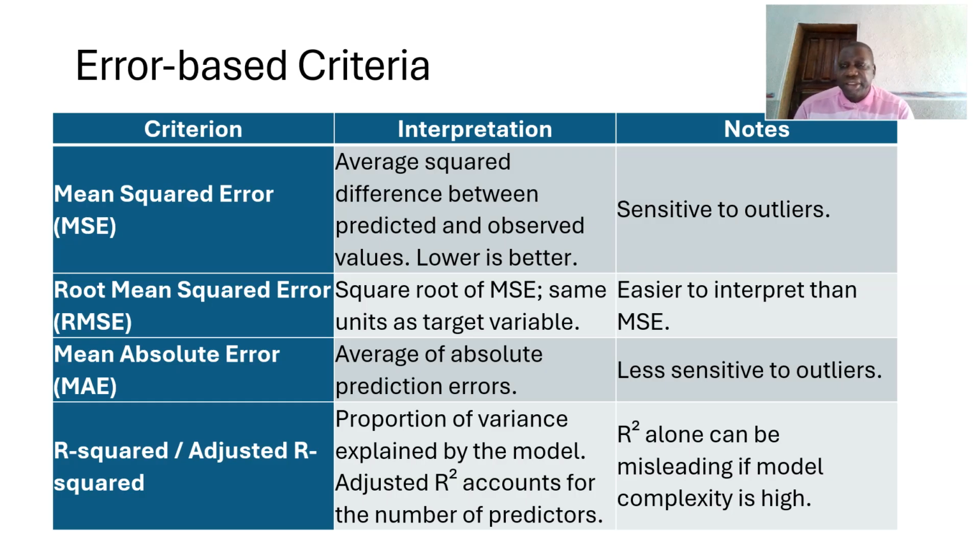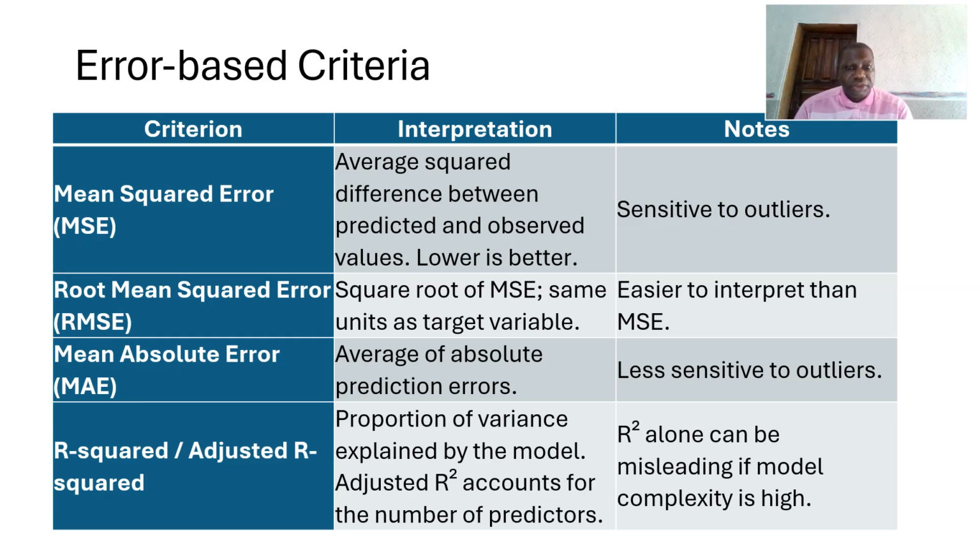For error-based criteria, we have the mean square error. It is the average squared difference between the predicted and the observed values, and it's very sensitive to outliers. So we have the root mean square error, which is easier to interpret than the mean square error. We have R squared and the adjusted R squared, which explain the proportion of variance in the dependent variable explained by the independent variables.